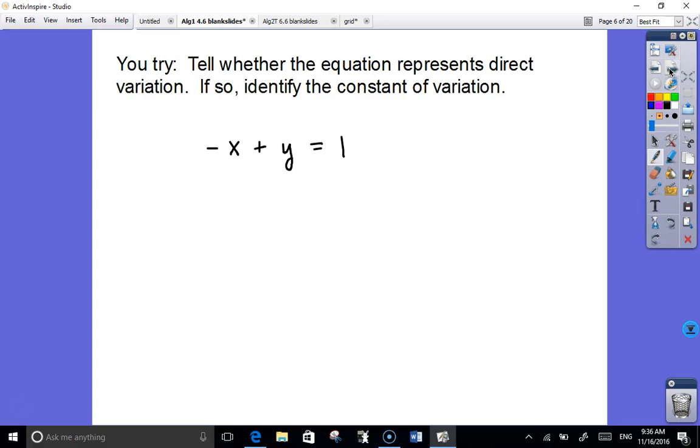So here's your first Your Turn. Solve for y, and then tell whether or not it's a direct variation.